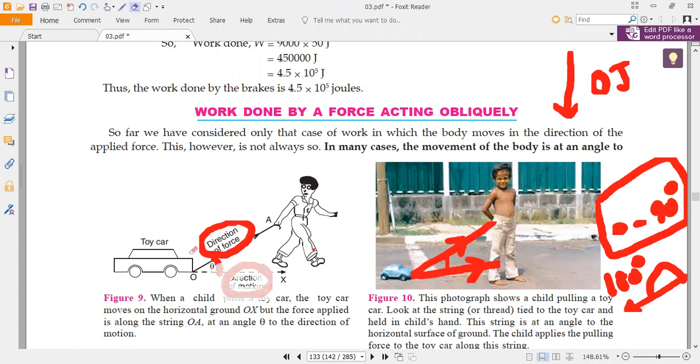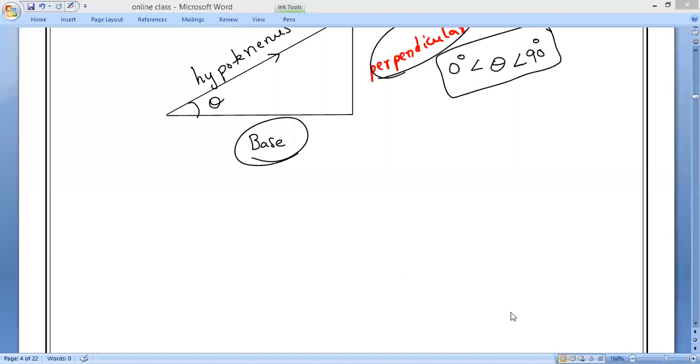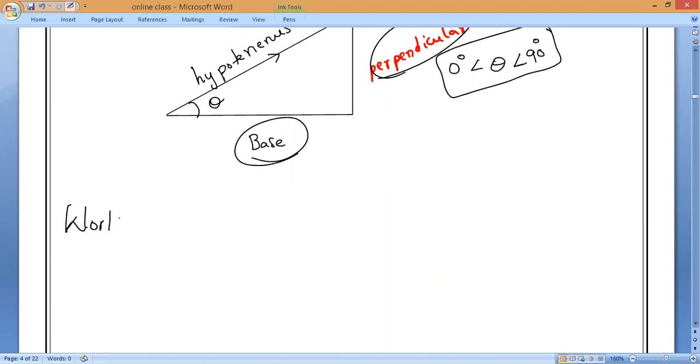So in this case, what is the formula we have to use to identify how much work is done when we are applying the force obliquely? Please remember that. Work done by a constant force acting obliquely. Please keep the heading: work done by a constant force acting obliquely.